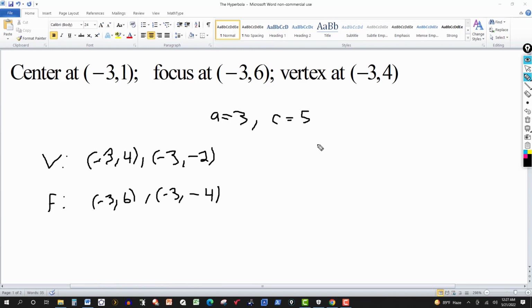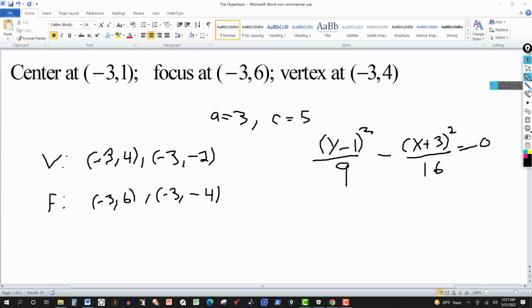And then the asymptotes we get by basically taking the equation we got for the hyperbola and setting it equal to 0. And then basically just solve this for y. So this will be (y minus 1) squared over 9.